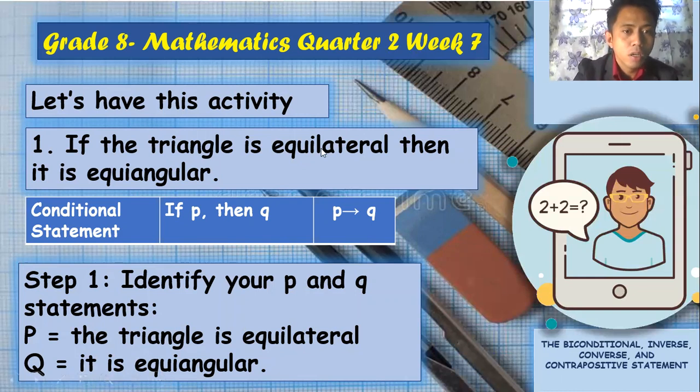Here in this example, since we have if P, so if the triangle is equilateral, this is our P. We can conclude that our P is the triangle is equilateral. Followed by the word then, we have Q: it is equiangular. Therefore, our Q is it is equiangular. So, any question about this part?